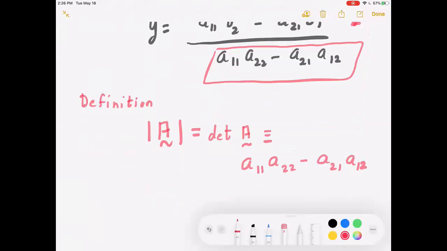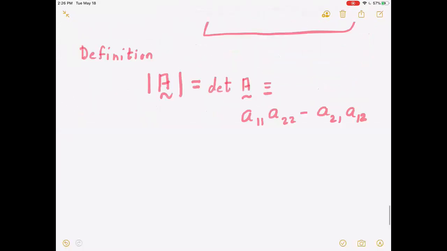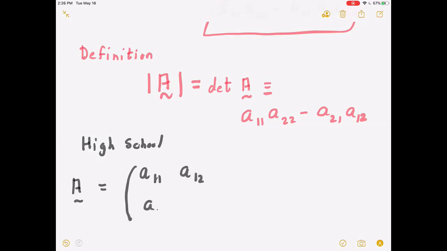Now, this is a definition, but it should not be an unknown creature to you, because in fact, in high school, you learned that if you have a matrix, let's say a sub 1, 1, a sub 1, 2, a sub 2, 1, a sub 2, 2, please get used to the idea of what these matrix elements are and where they should be.